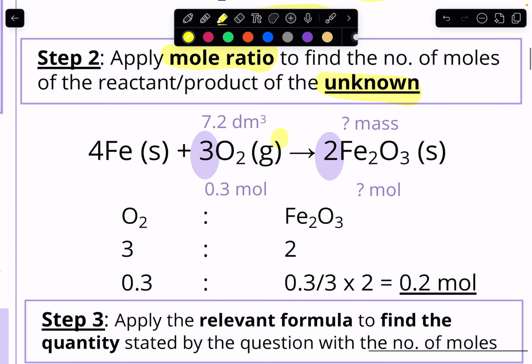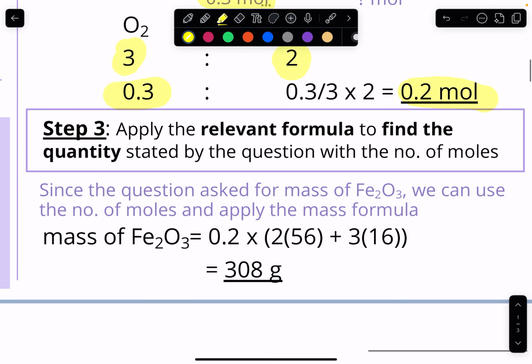In this case, it will be between oxygen and Fe2O3. Since it's 0.3 mole for O2 and it's in a 3:2 ratio, 0.3 mole of O2 means it's 0.2 moles of Fe2O3. Then we apply whatever formula I need to find the quantity that is specified by the question.